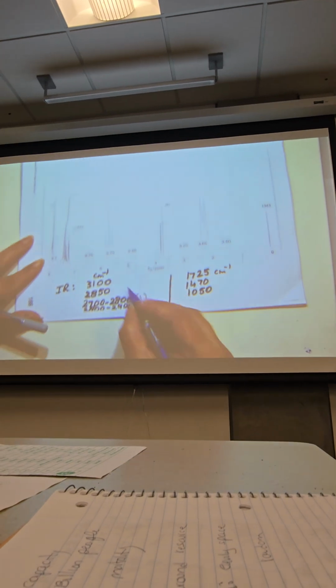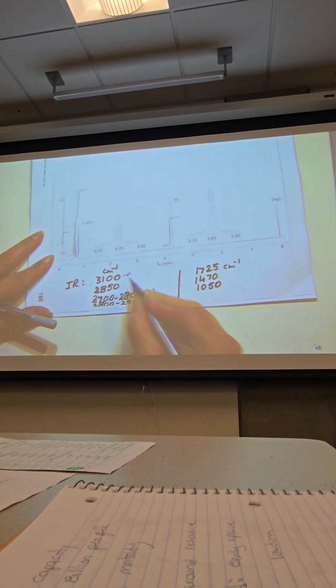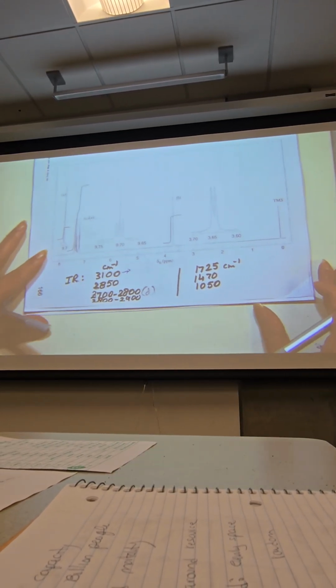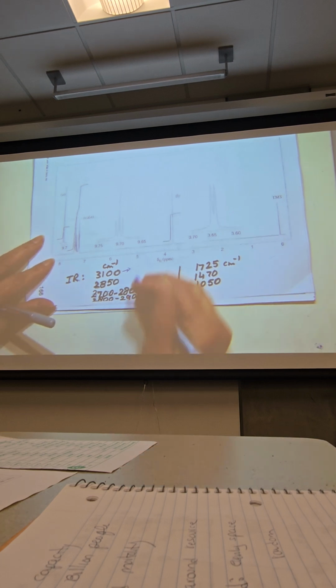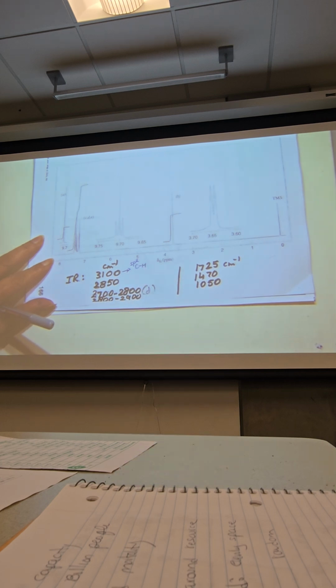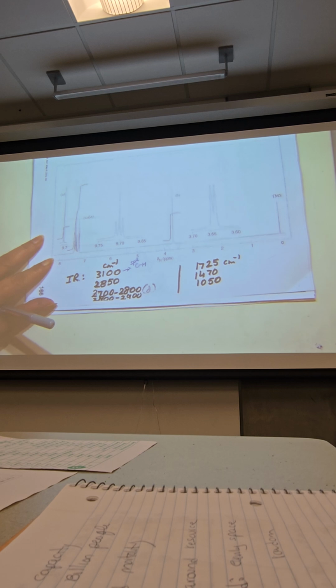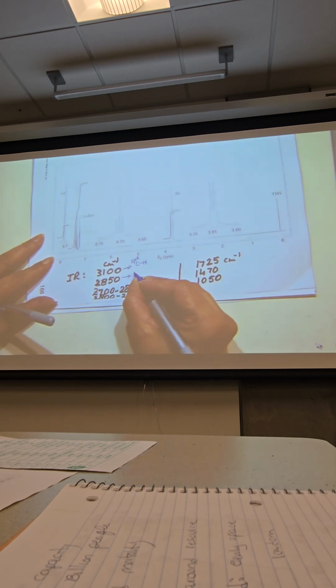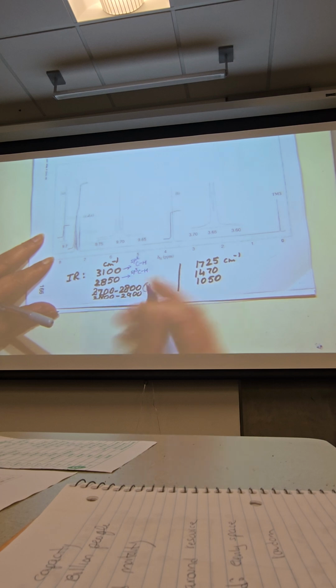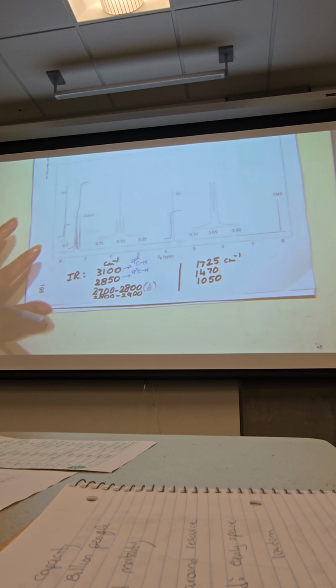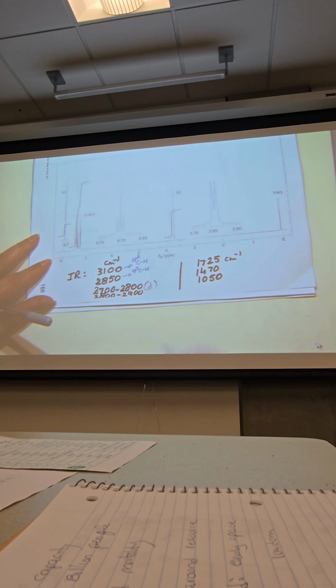What is this signal suggesting in IR? 3100 is sp2 CH. Absolutely, which makes sense, because if there's a benzene ring, there's bound to be sp2 carbon-hydrogen bonds, right? What is 2850 suggesting? sp3 carbon-hydrogen bond. So there are also some sp3 carbons with hydrogens on them that we have to think about.